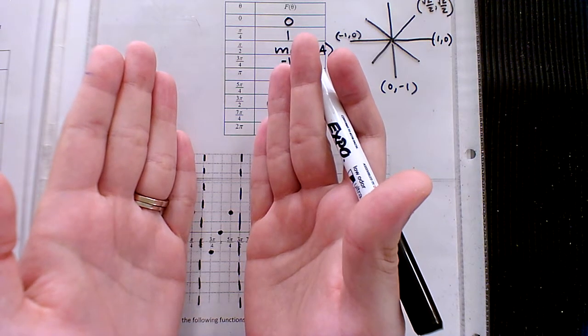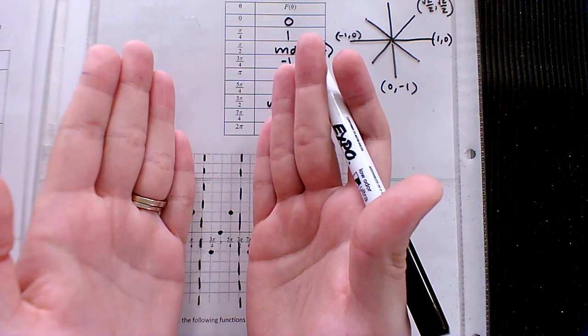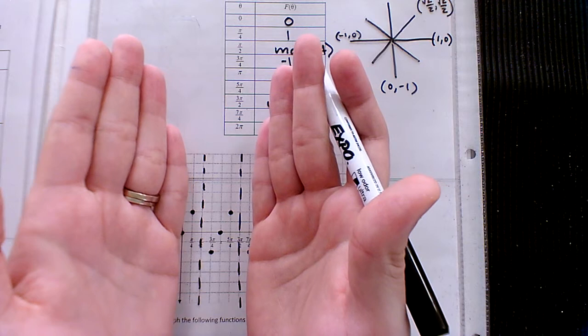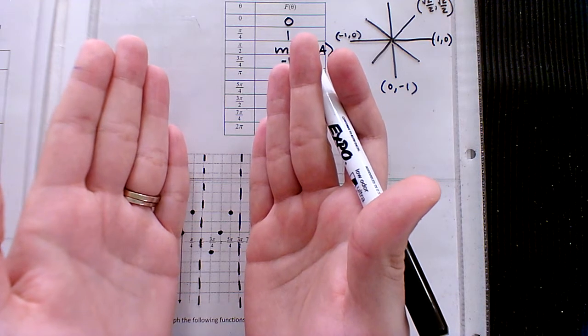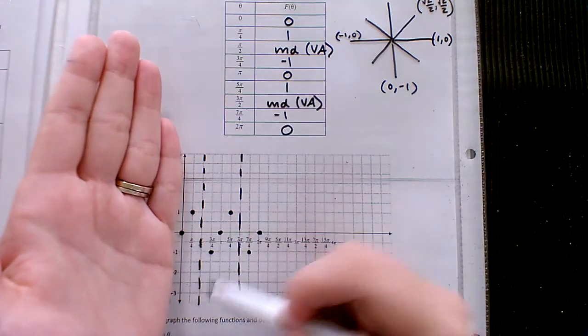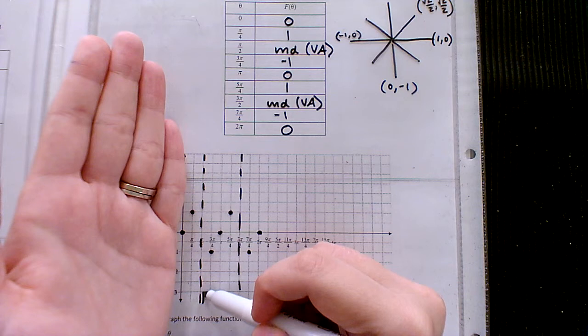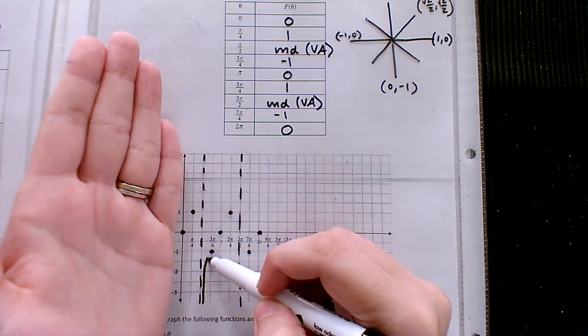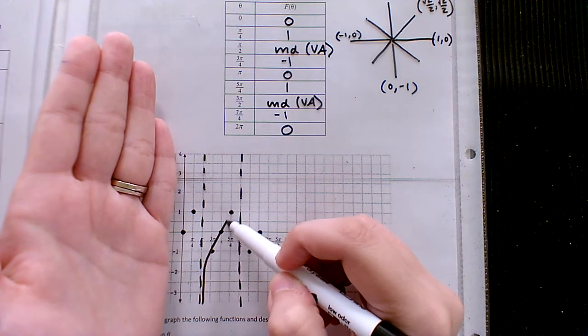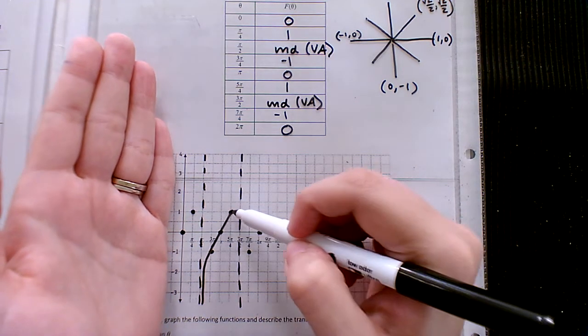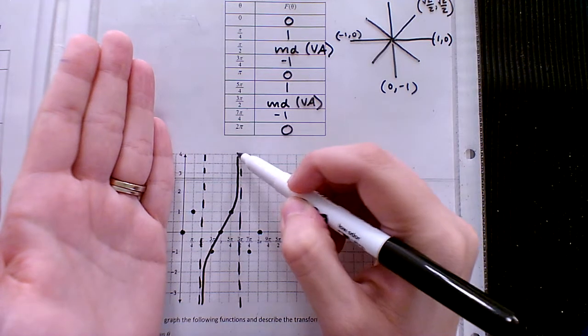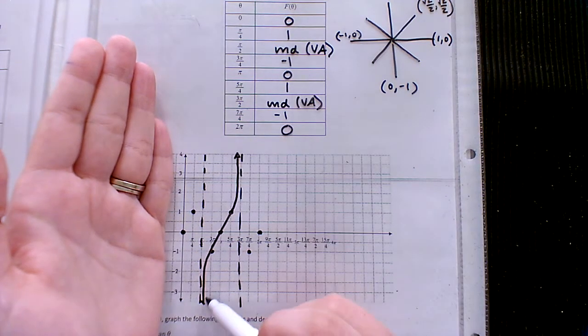We know that a graph never ever touches a vertical asymptote. It gets really close, it just never touches it. So if we're trapped in between those asymptotes, we'll start really close on the left-hand side. We go through the points that we plotted in the middle, and then we get really close on the right-hand side.